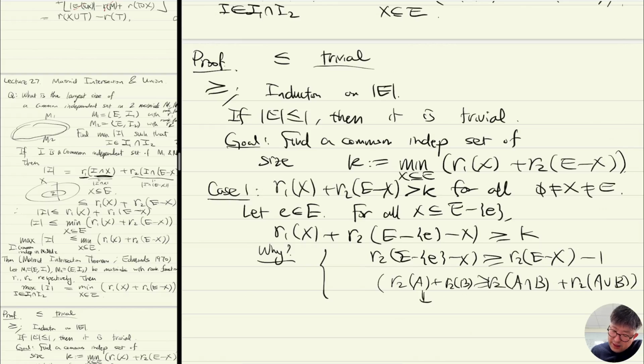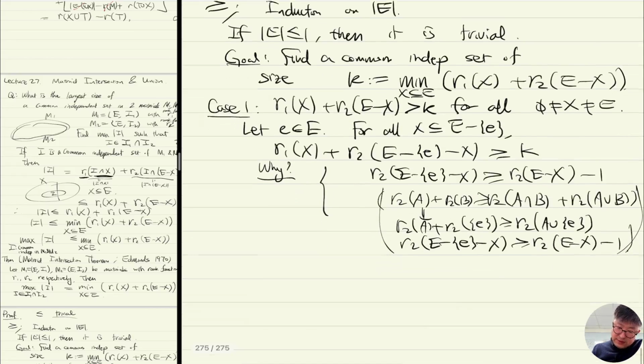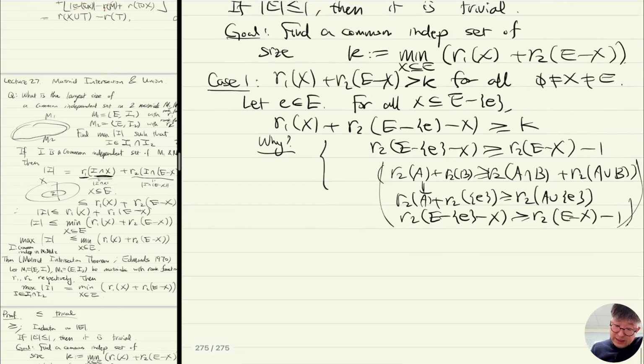So when you apply this, if P has size 1, and you put E minus X, then it's rank 2 of E minus X minus 1. So that's one observation.